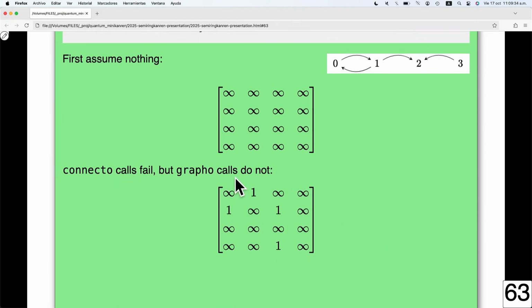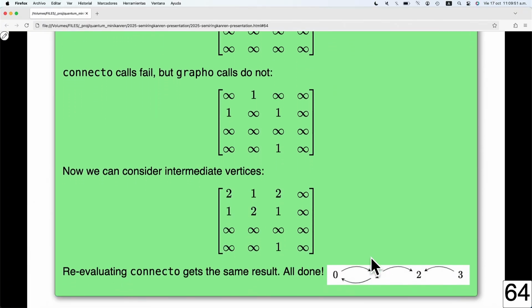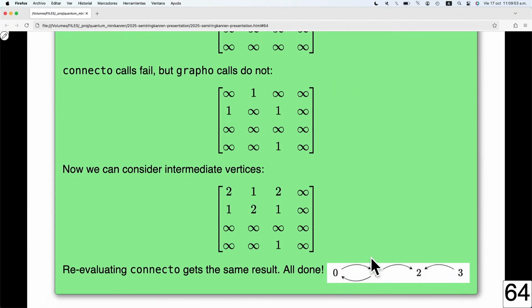Then we fill in the information we have from the graph because we can already calculate that. So we have 0 is connected to 1, for example, just based on the graph. So that shows up there, and so on. So then we can consider intermediate vertices. So we know 0 is connected to 1, and 1 is connected to 0.